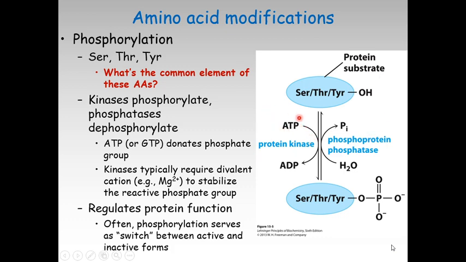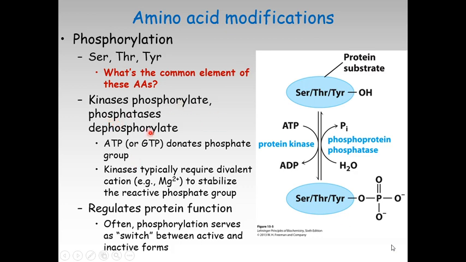They use ATP as a cofactor and transfer a phosphate group from ATP to either a serine, threonine, or tyrosine hydroxyl group. If you go back and look at the structures of serine, threonine, tyrosine, the side chains have a hydroxyl group. That's the hydroxyl group that gets modified to a phosphate.